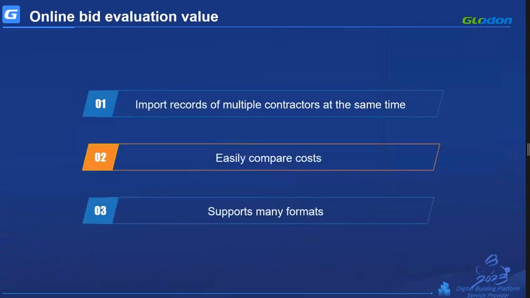And when we want to do the cost analysis and also the tender evaluation, TBQ can help you import the records of multiple contractors at the same time, and easily compare the cost, and support many formats.